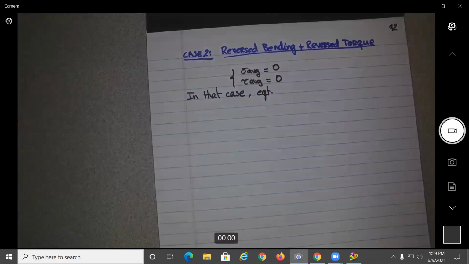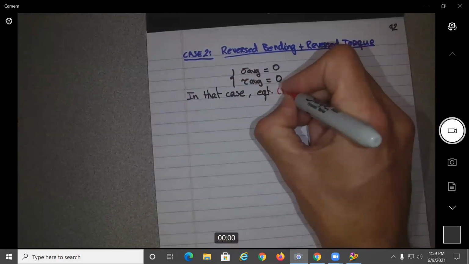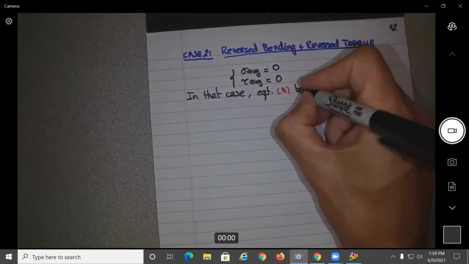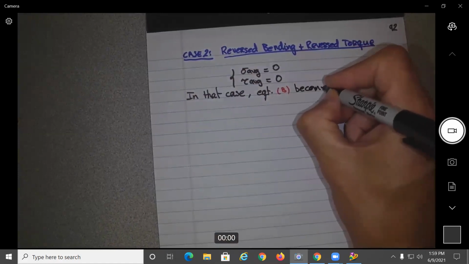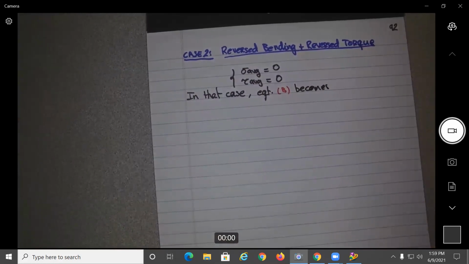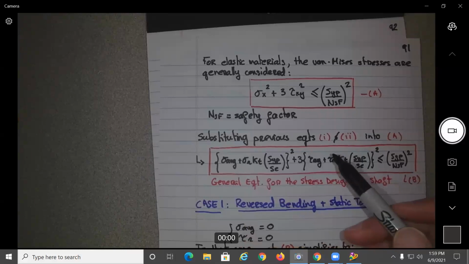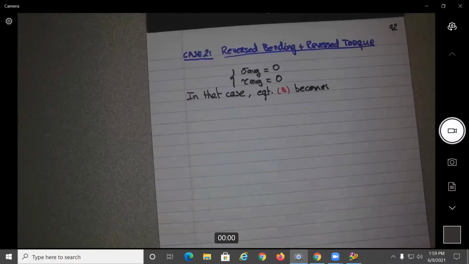Equation B becomes, so what would be the equation? It would be this one here, where you would take this term equal to 0 and this term equal to 0, okay?